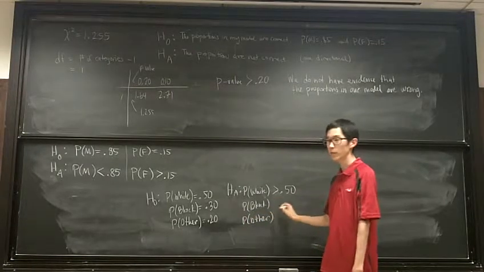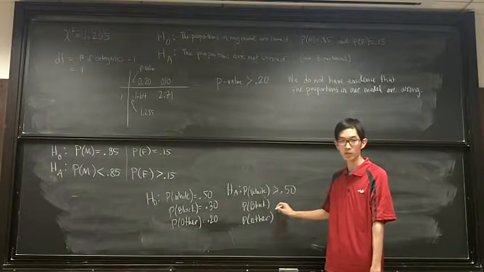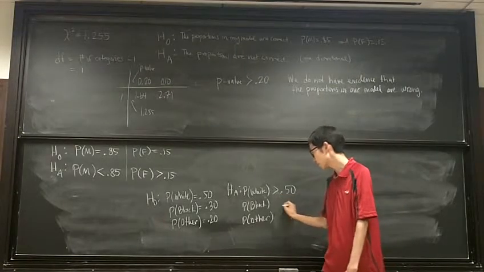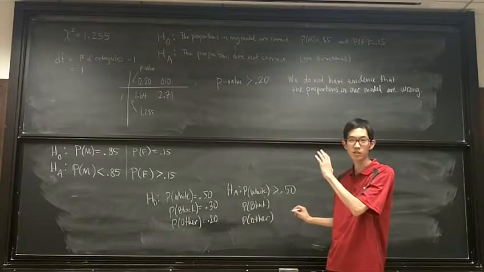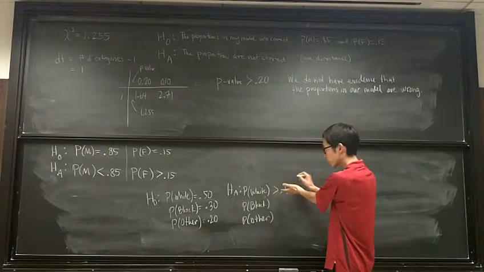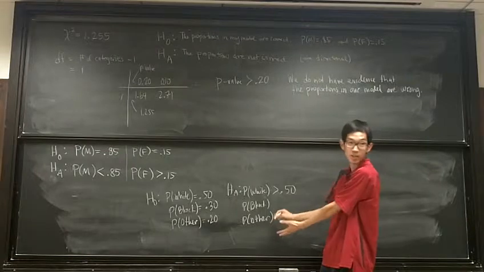We don't know how to modify these with respect to should it be less than or equal to or something. Does that make sense? If I change one category, I don't know what happens to the other categories.